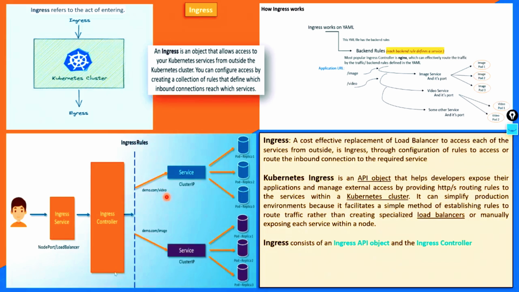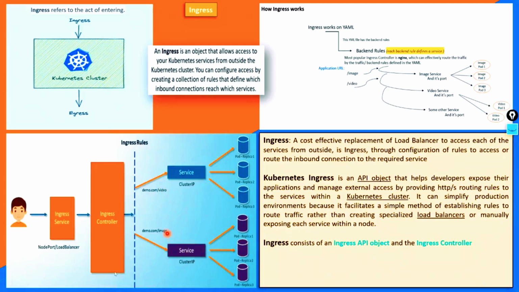So that rule says that this is the path. And if this is the path, then you will hit this service, not this service, because this is a music, image. There can be another domain or the same domain with an end API called music. So you want to hear only the music or music videos.